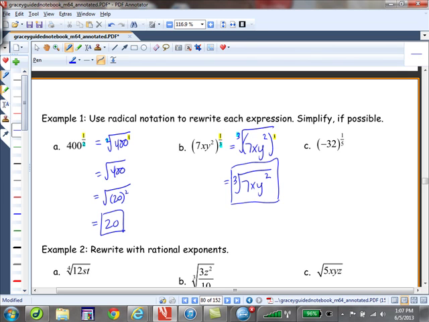Next up, we have negative 32 raised to the 1/5. So what do we do? Good, it's going to be negative 32 to the 1 power, and that'll be the 5th root.